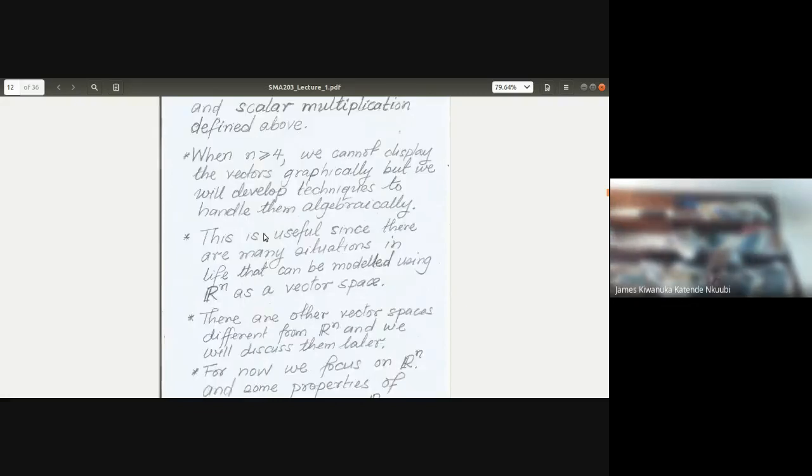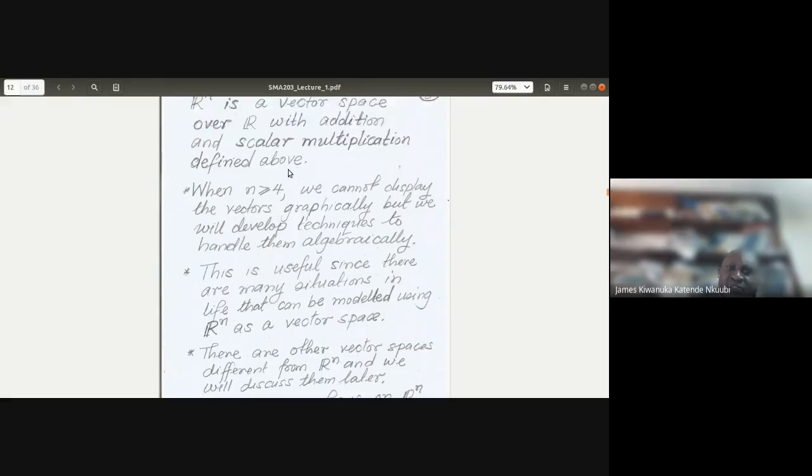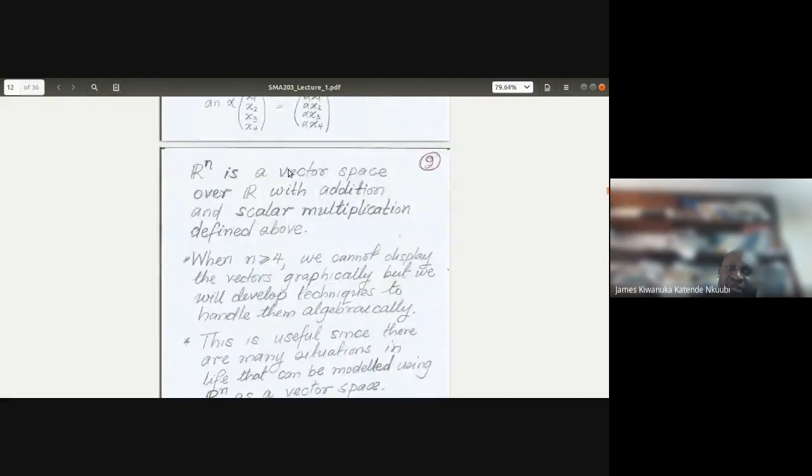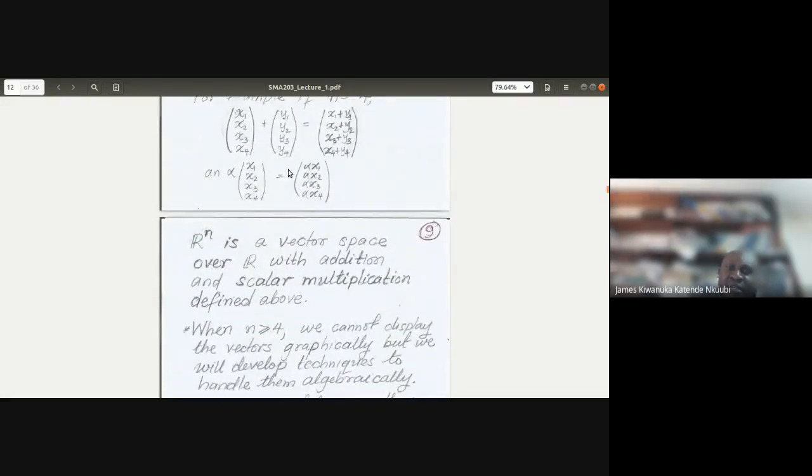The only challenge when dealing with values of n bigger than or equal to 4 is that it is difficult to display the vectors graphically, but we can develop techniques that enable us to handle them algebraically. So this course is supposed to help us build those techniques that allow us to handle vectors bigger than the vectors in R2 and R3.